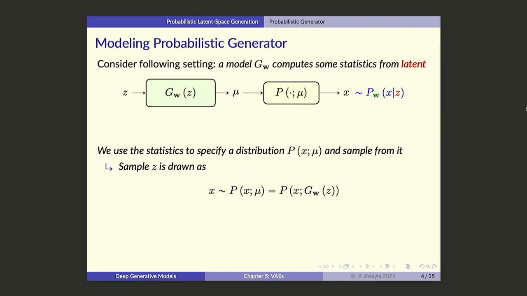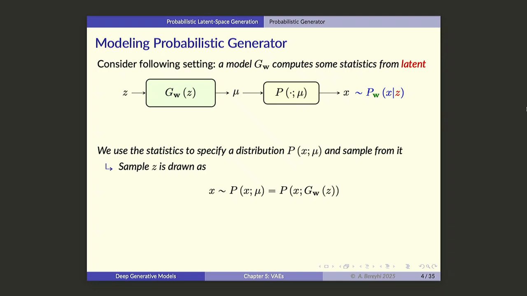It's computed by a stochastic process. Everybody's clear? Questions? So you got the idea? My model is computing this statistic, this mu. This mu is going inside one distribution, it's going to specify the distribution. Now that I have the distribution, I'm going to generate one sample from that distribution.